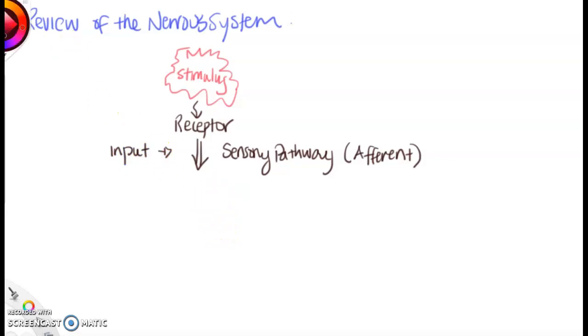That is going to go to an integrator. And the integrator is going to be in the central nervous system. So brain, spinal cord. Okay? It's going to interpret that information and then respond to it.